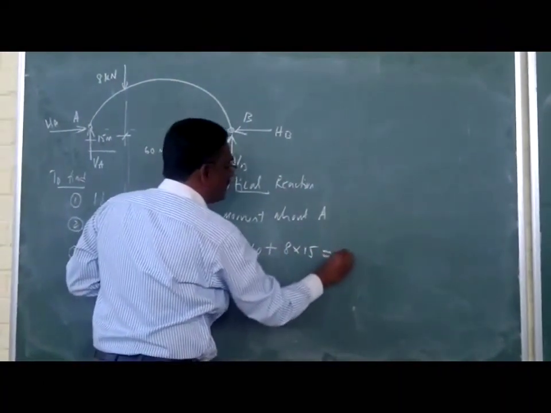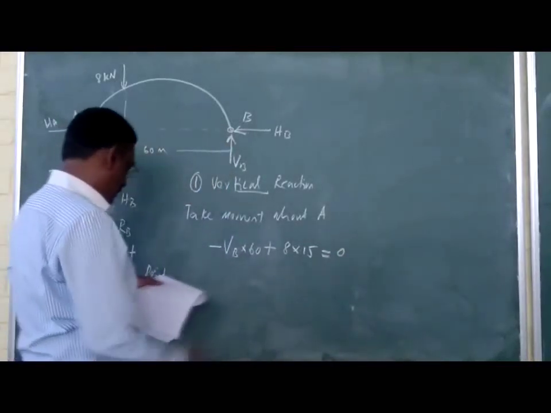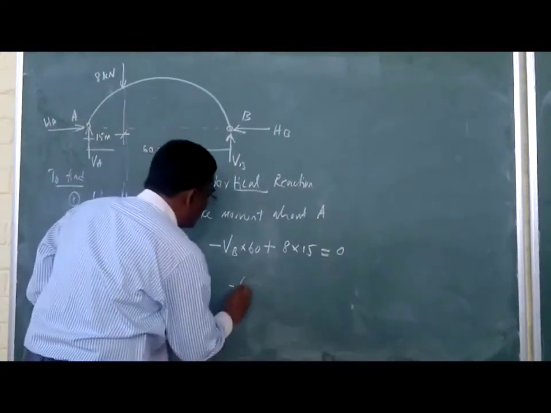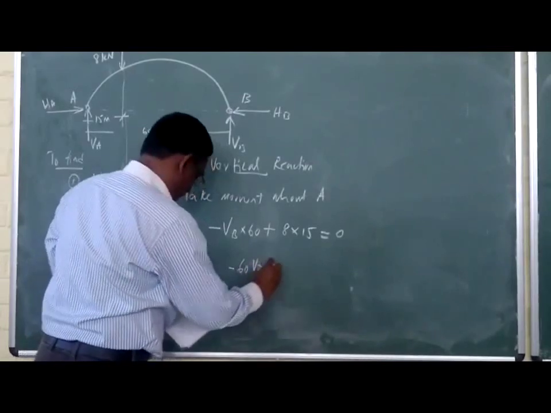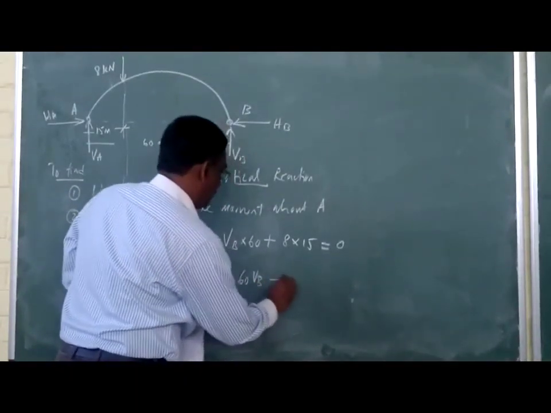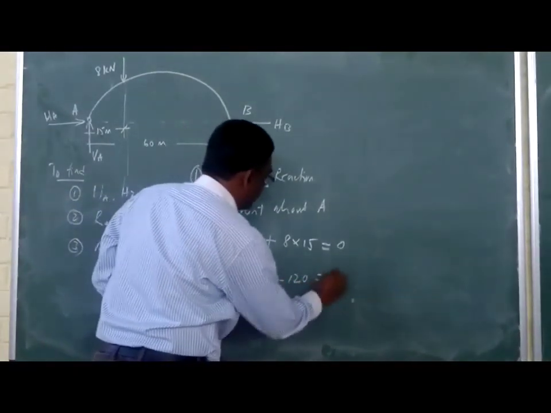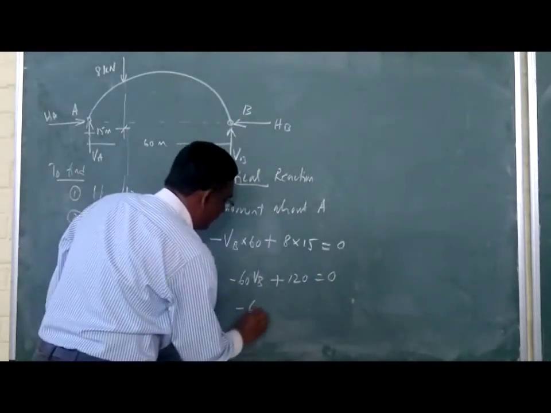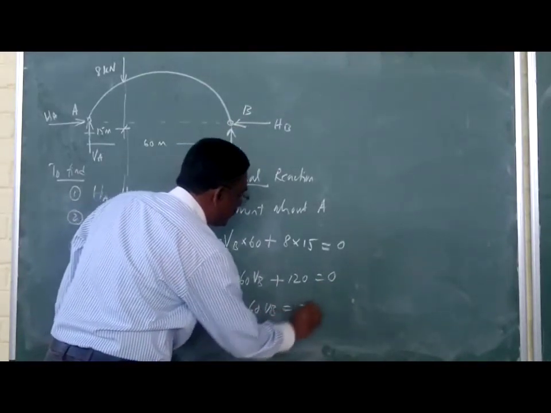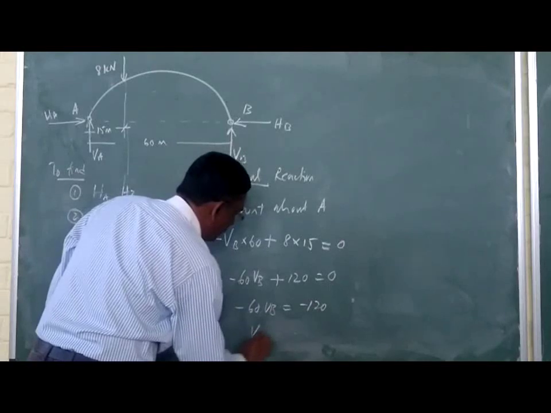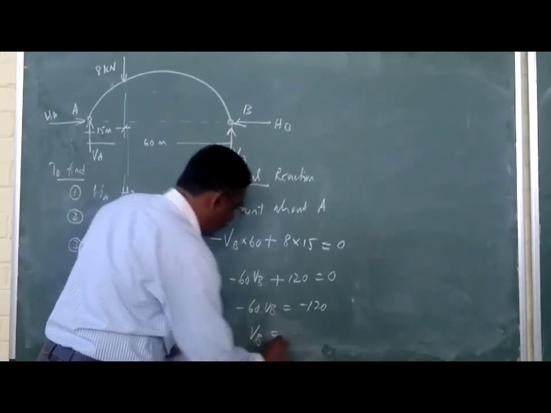Sum of the moments is equal to 0. So this is minus 60 VB plus 120 is equal to 0. Minus 60 VB is equal to minus 120 and VB is equal to 2 kilonewton.